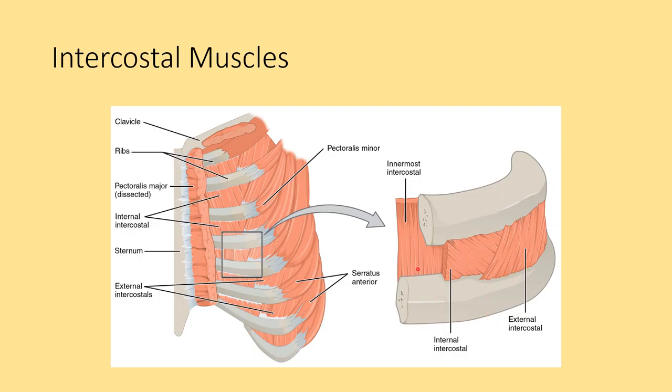And then beneath the internal intercostals, you've got the innermost intercostals here. Since they are literally right here between the ribs, they are going to be playing a role in moving the whole rib cage up and out. And once again, like I said, that allows you to inhale and exhale.